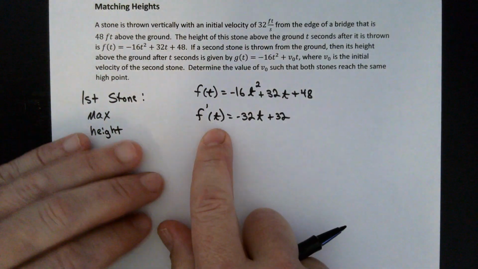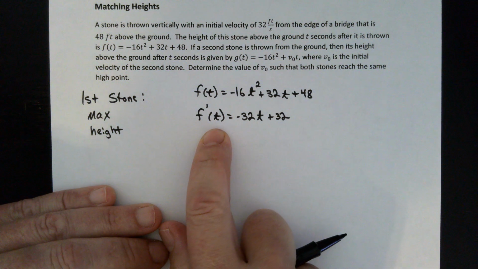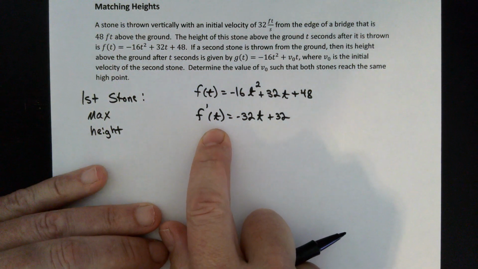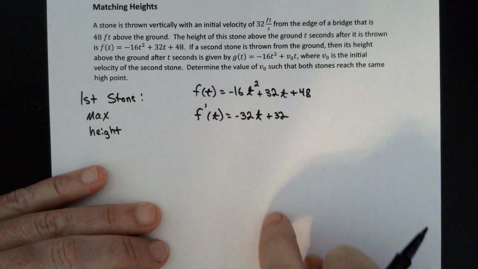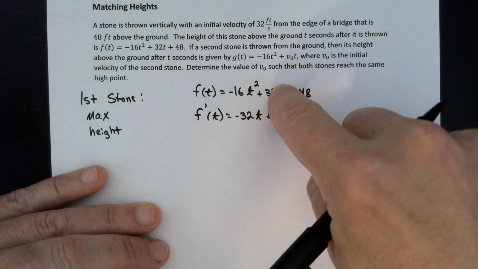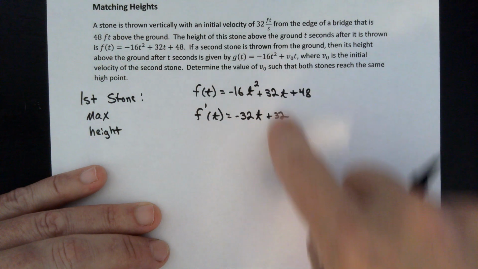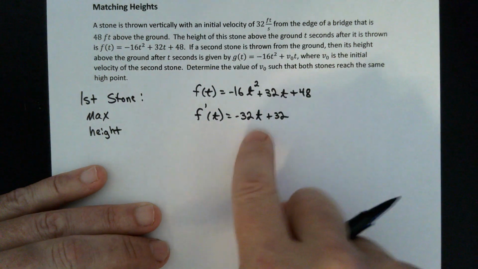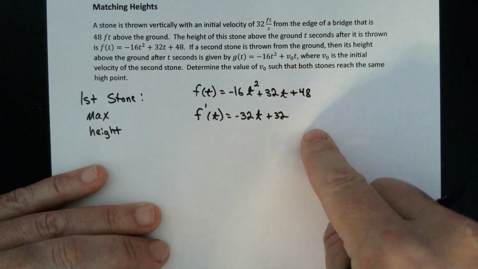In order to find the maximum height, the derivative needs to be 0, because it's going up, then the velocity stops, and the height stops, and it starts coming back down. So when that is at 0, it'll be at its highest point.